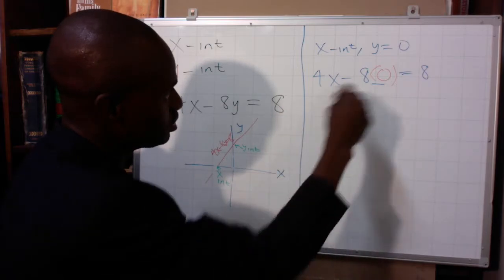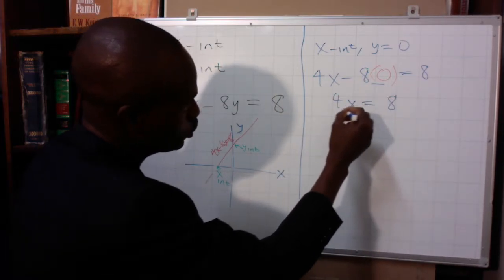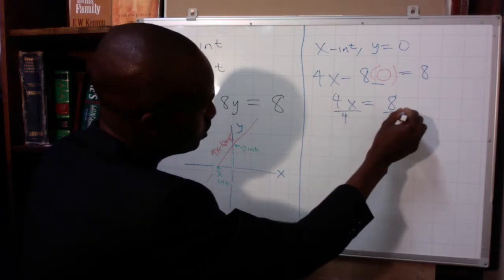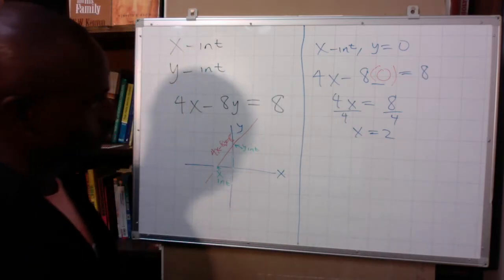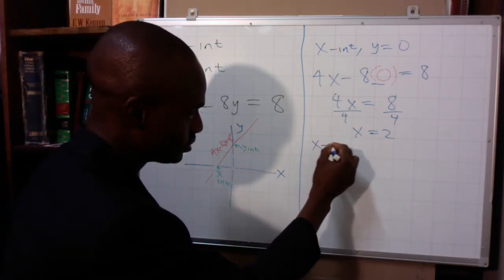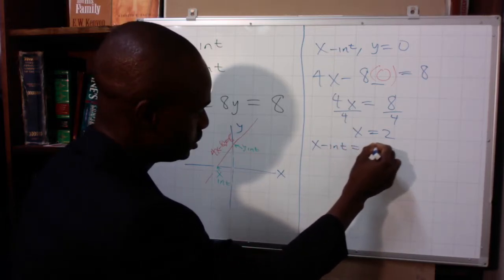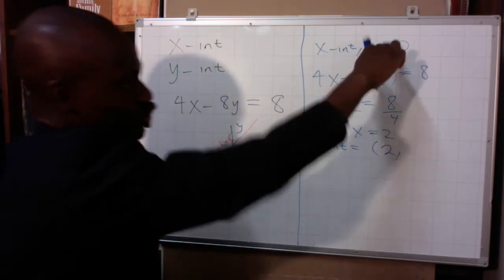So this just means 4x equal to 8. We solve that by dividing both sides by 4, which leaves us with x equal to 2. So that means our x-intercept is the x value we got, 2, and the y value we assumed of 0.